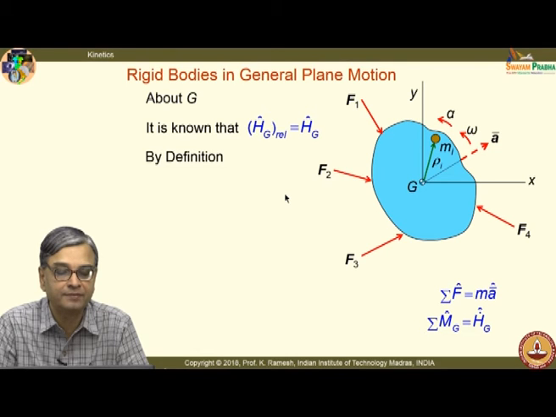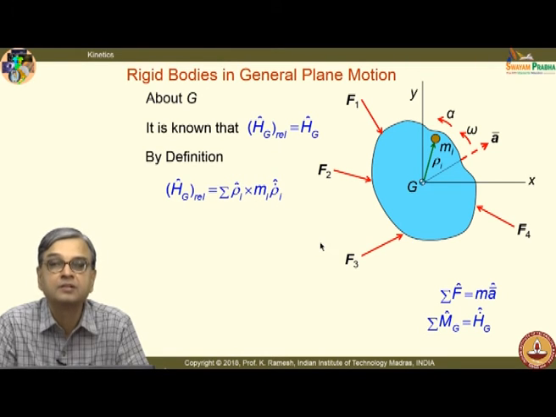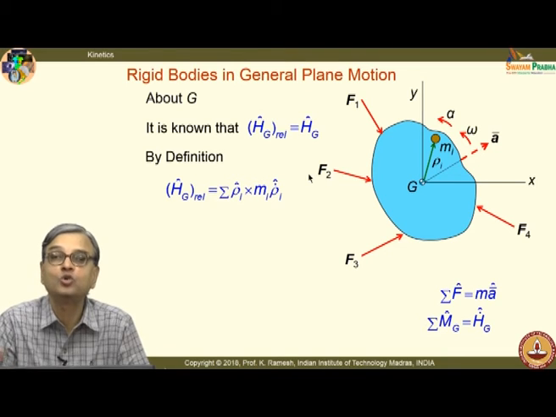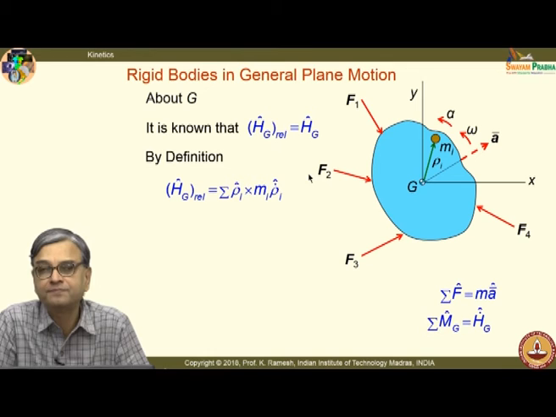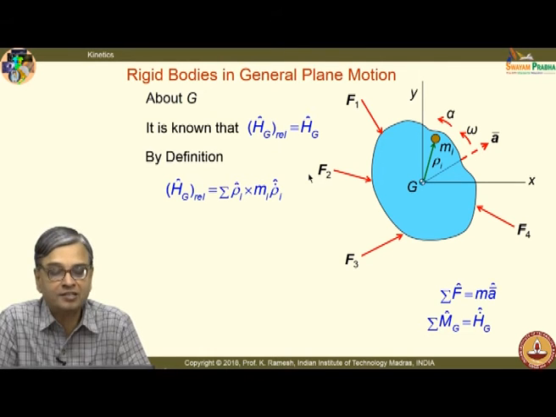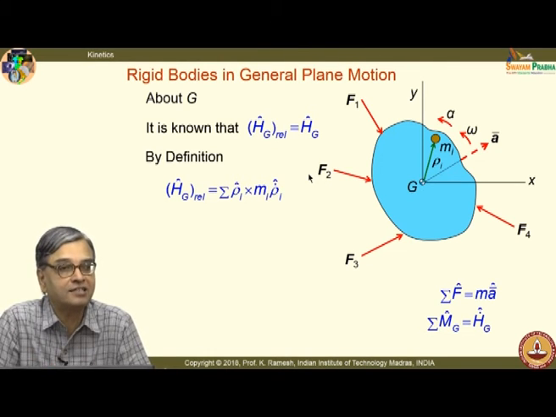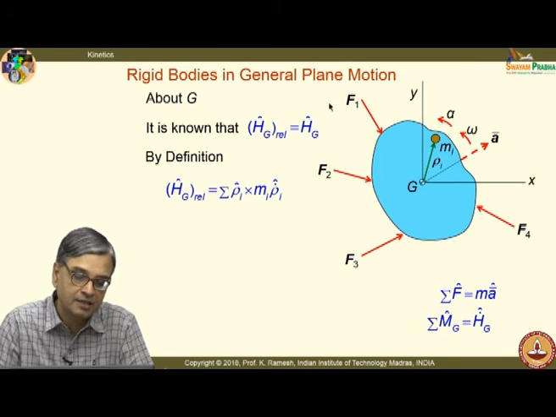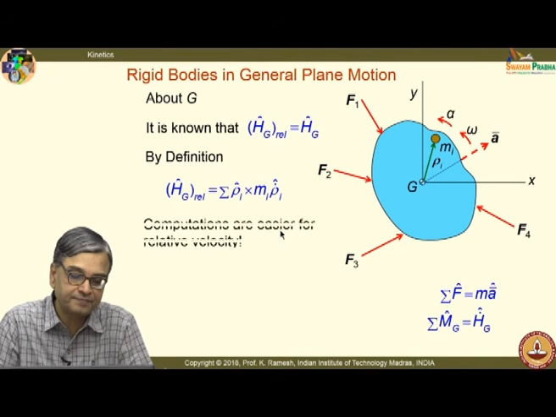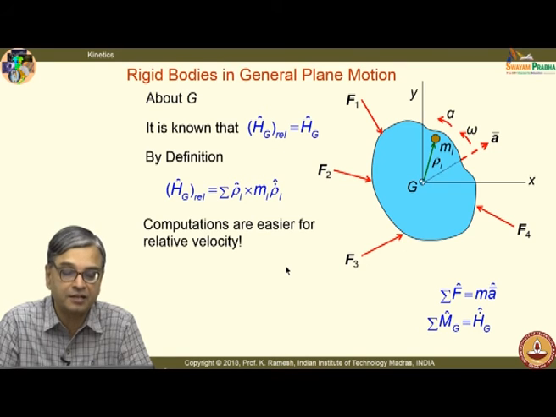By definition, I get Hg rel equal to rho i cross mi rho i dot. So, this is where we use the identity. We have proved earlier Hg rel equal to Hg. Now, my interest is Hg, but I will just estimate Hg rel from the basic definition, and simplify it. Computations are easier for relative velocity. That is the advantage I have.